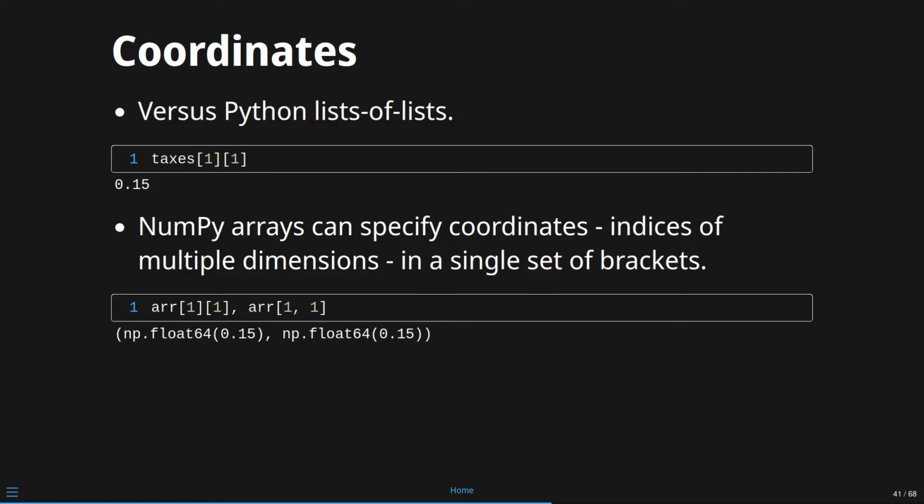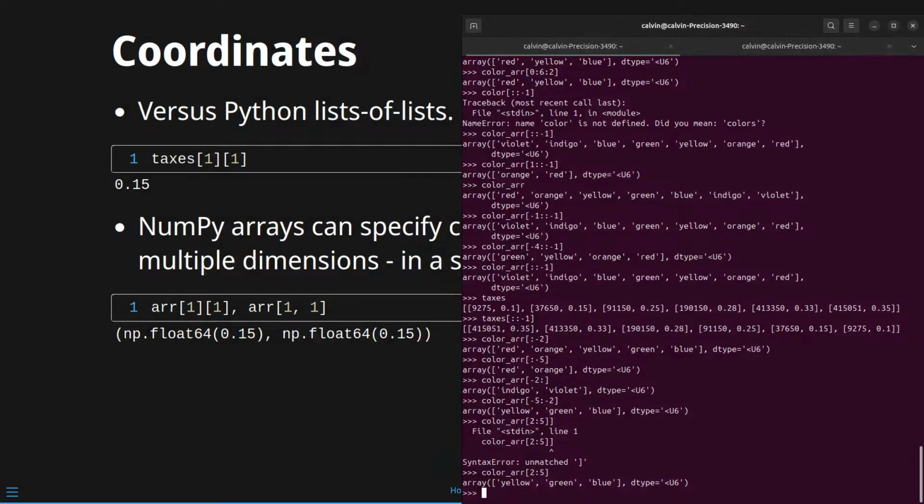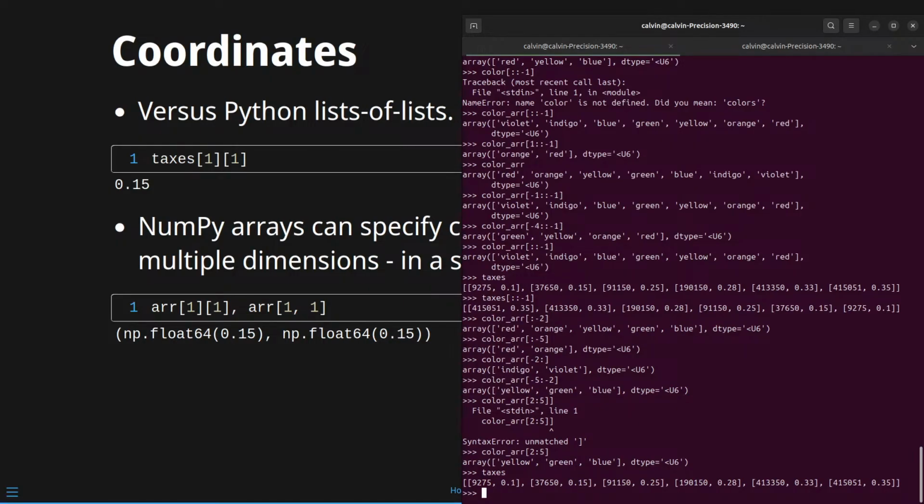Okay. There is one pretty interesting difference here between Python lists and numerical Python arrays, and we're going to look at it here in the context of taxes. So we'll recall what taxes are. We're not going to look at the initial tax bracket. We're going to look at the first non-base tax bracket. So we're going to go to 1, and then we're going to look at the rate for that tax bracket.